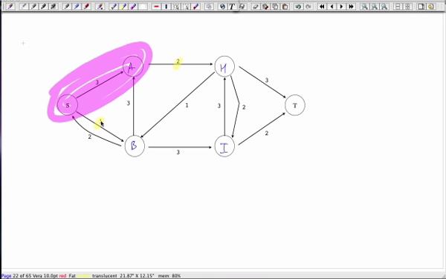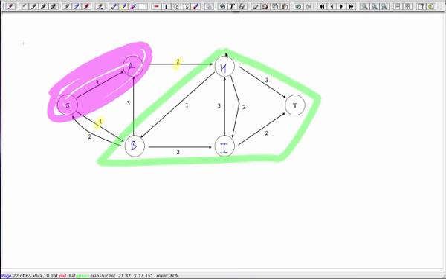In other words, this cut of this graph, where we take SA and the other part, BHIT, is a partition of this graph.